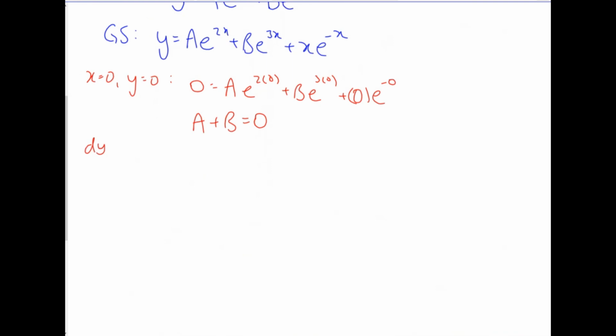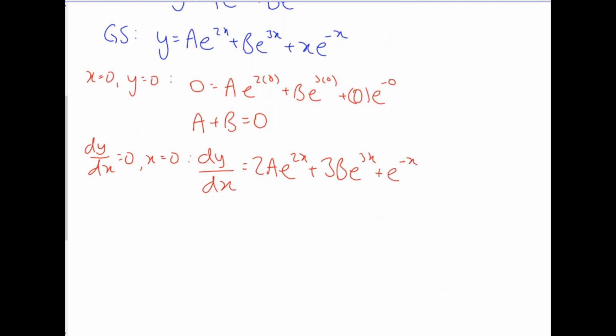Then we also know that dy by dx equals 0 when x equals 0. So differentiating this to get dy by dx is easier than last time we did this: 2a e to the 2x plus 3b e to the 3x. Product rule on x e to the minus x: differentiating x gives you 1 times e to the minus x, and then differentiating e to the minus x goes to minus e to the minus x.